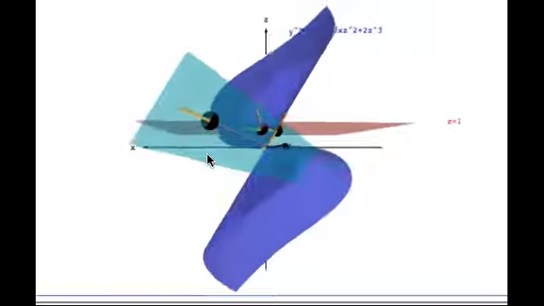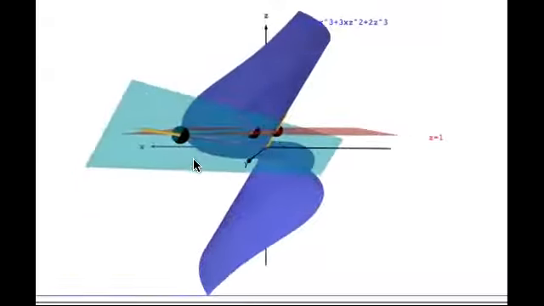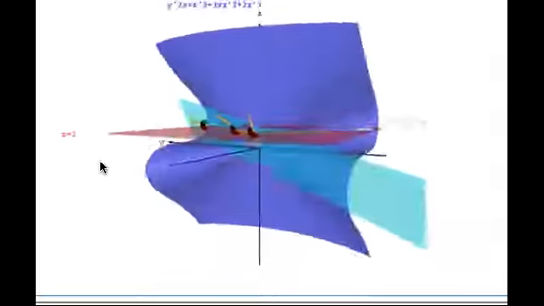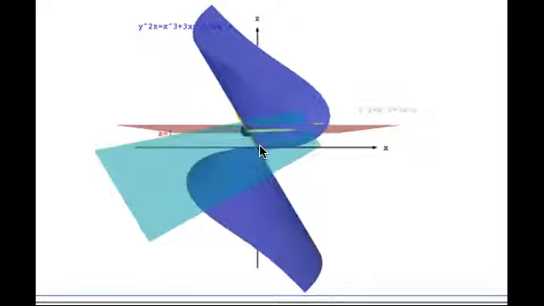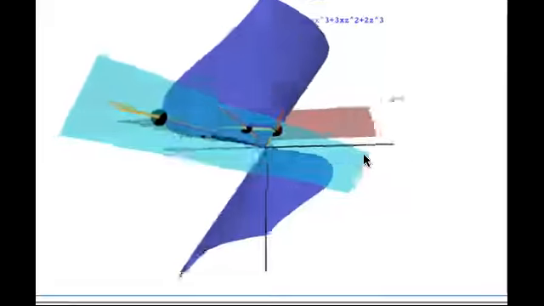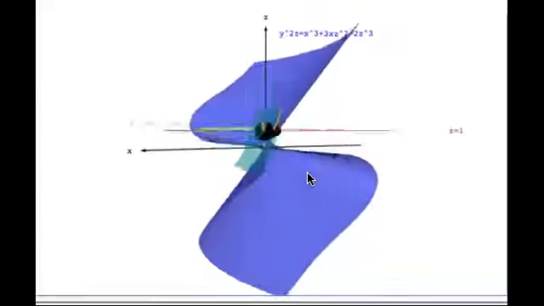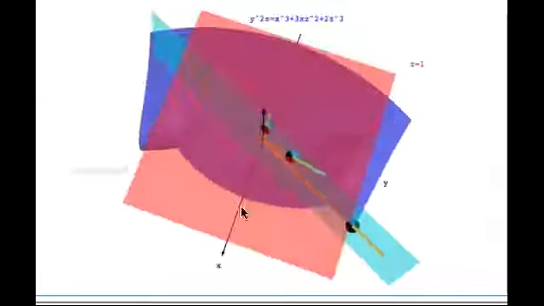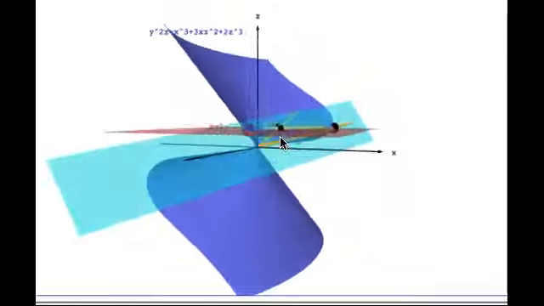Now also notice this y-axis down here. This y-axis is a line that lives in the blue surface, and it's a line that does not appear anywhere in this curve here, which is a cut of the blue surface.